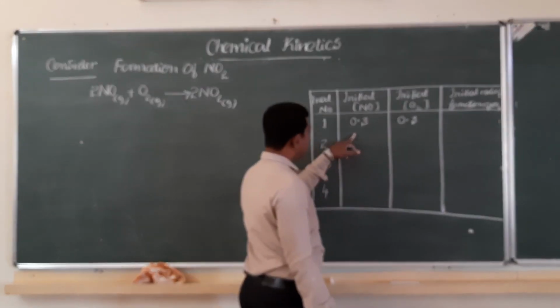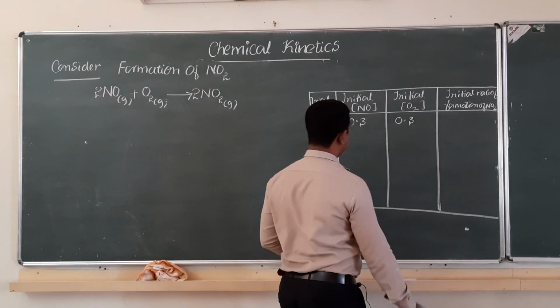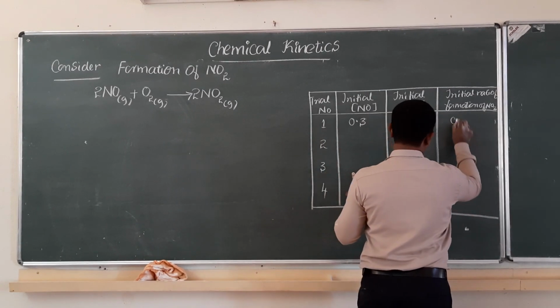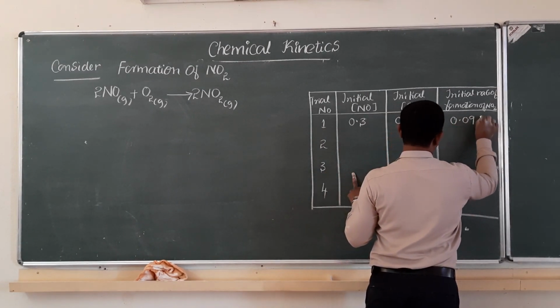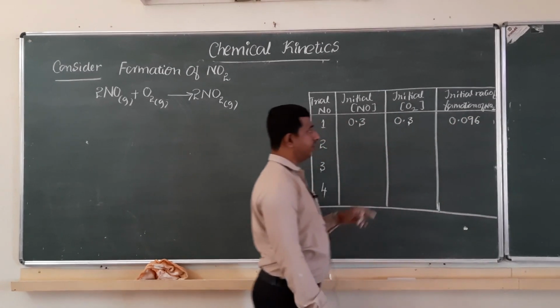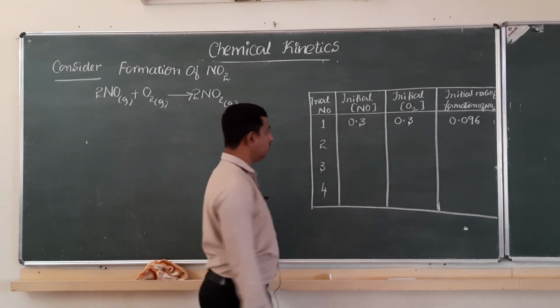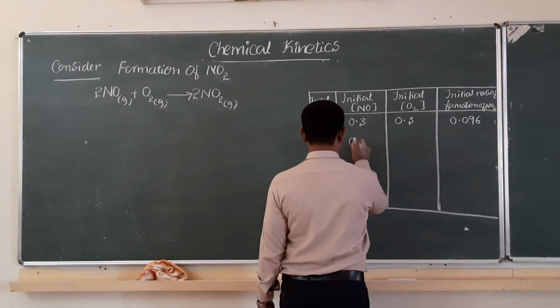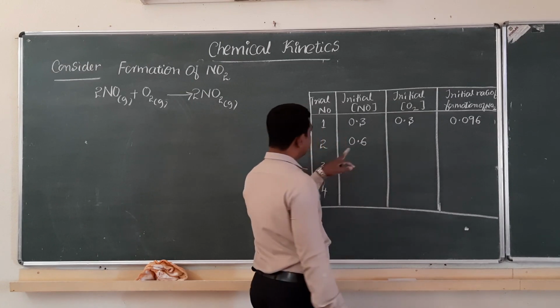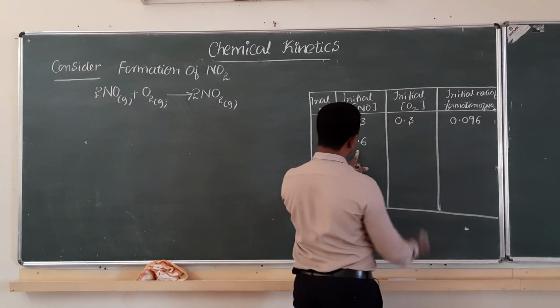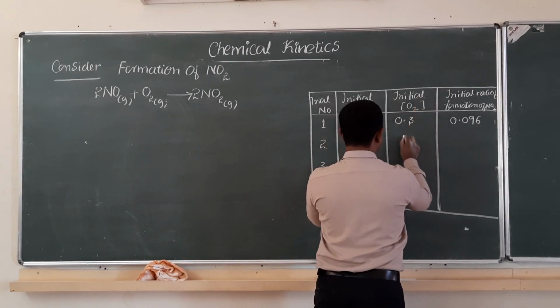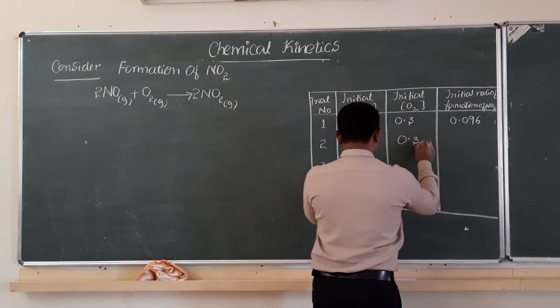I will take the initial values as 0.3 and 0.3. Rate, it is found to be 0.096. Rate of formation of NO2 is equal to 0.096. In the next trial, I will take concentration of NO as 0.6, concentration of O2 as 0.3.